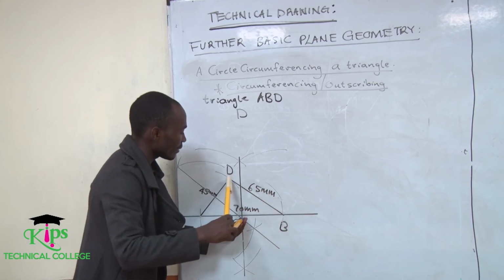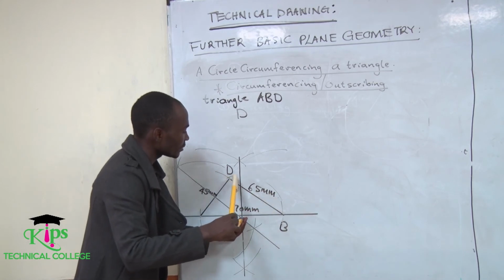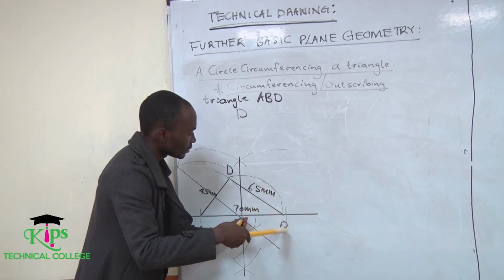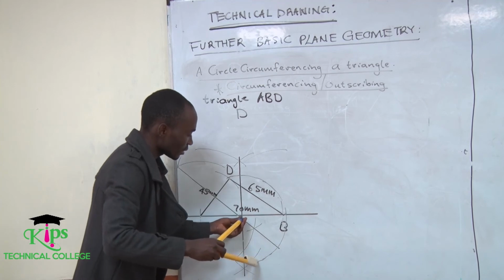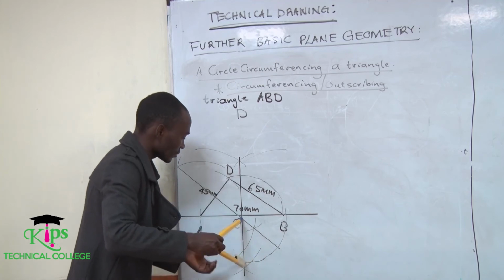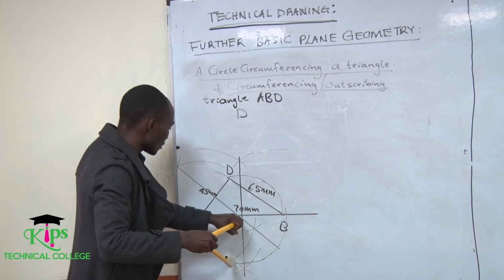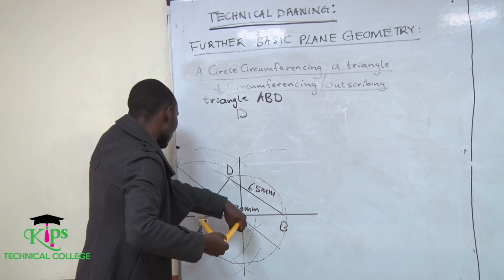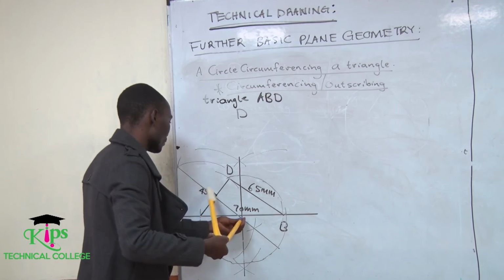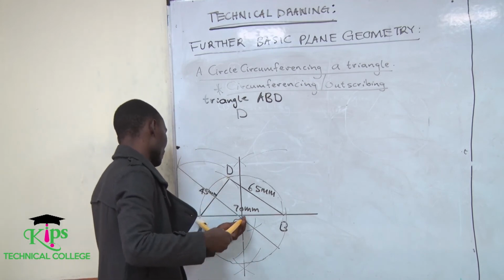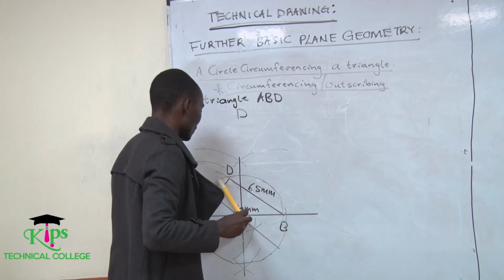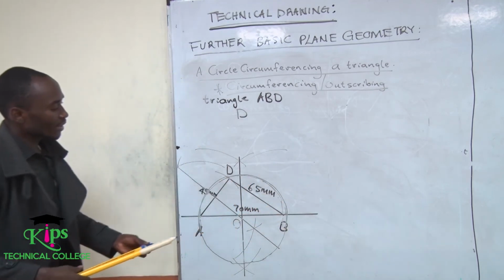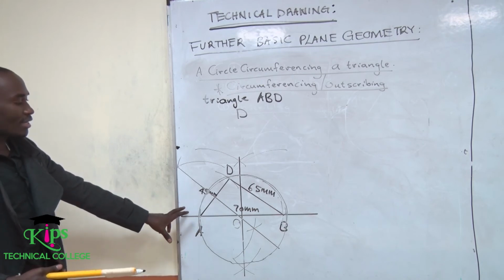Then from there, although mine may not be accurate, I will try to draw a circle. So you can see now this is my circle.